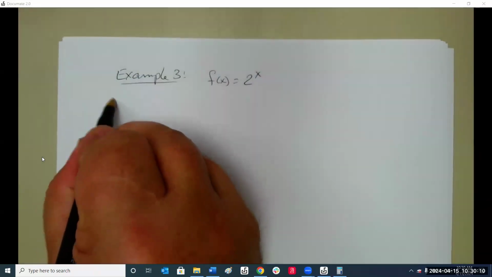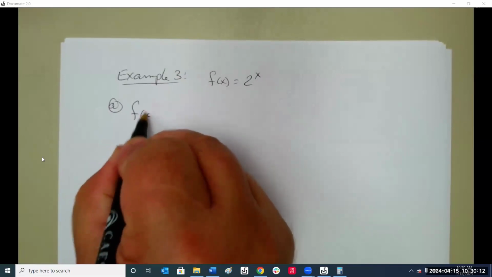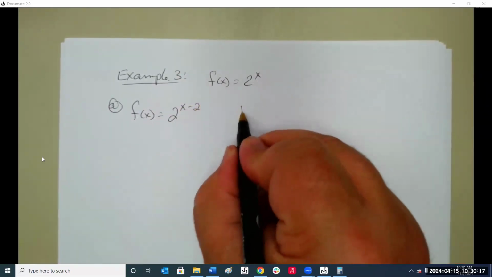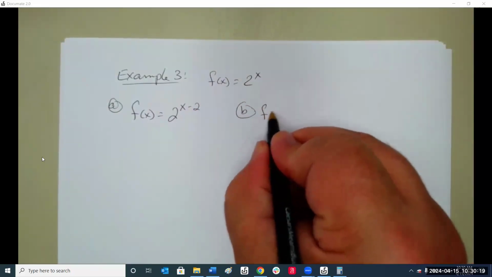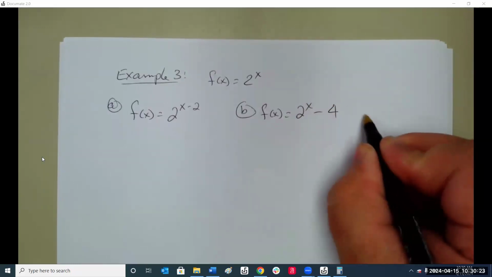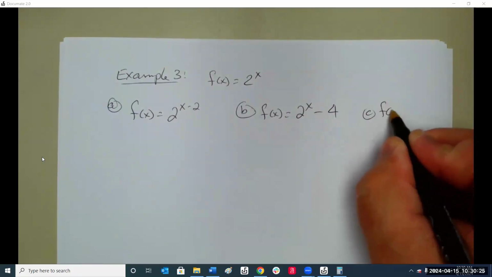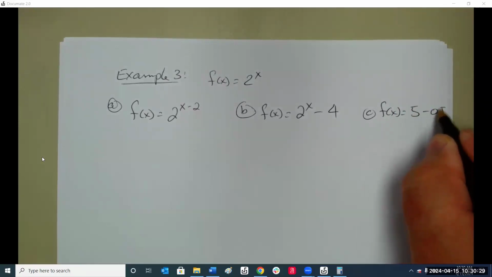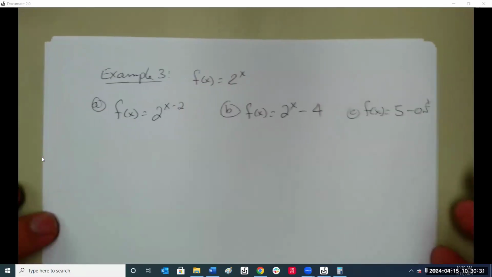So A, 2 to the x minus 2, B, 2 to the x minus 4, and C, 5 minus 0.5 to the x.